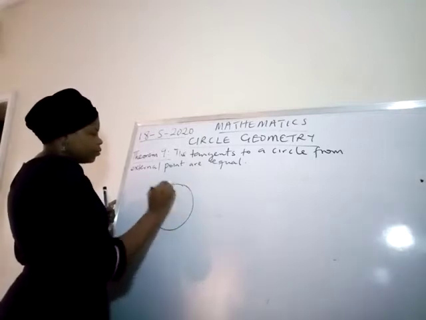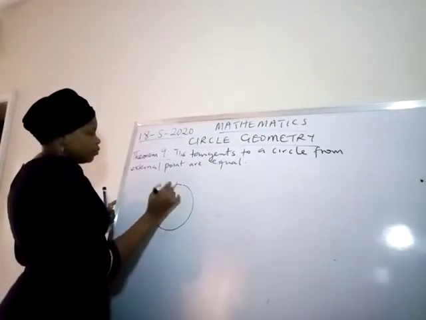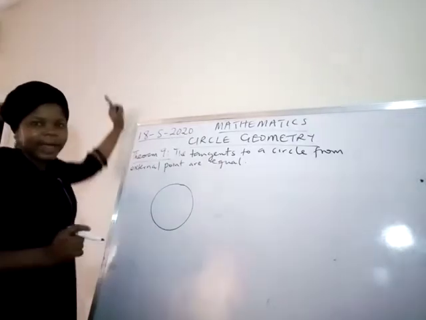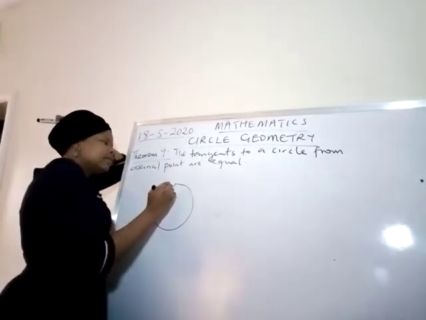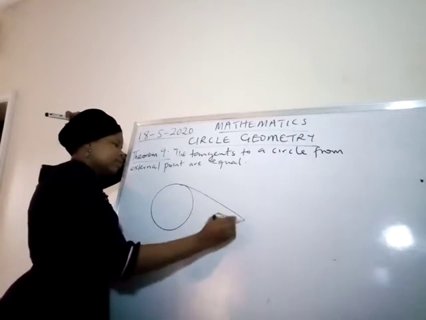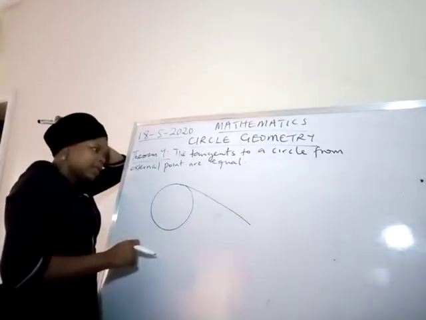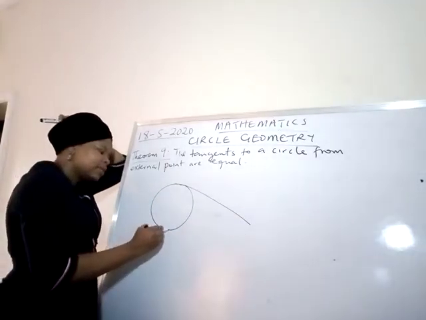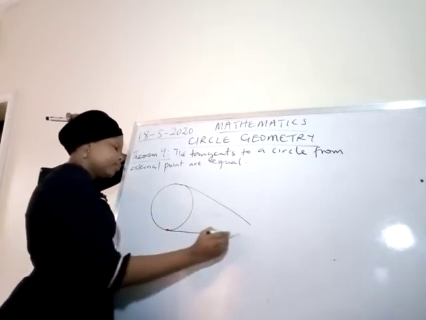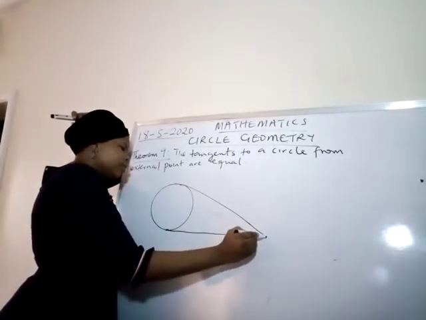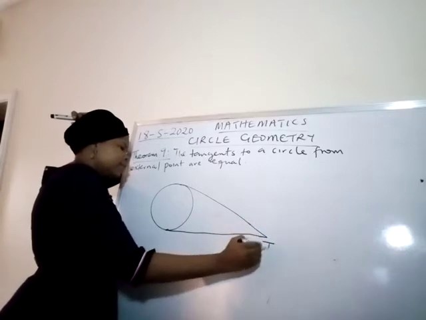If I have a circle, let's say this is a circle, and I have a tangent. This is a tangent. Can you see? And there is another tangent at this external point. So if I connect this line together, I have tangents.